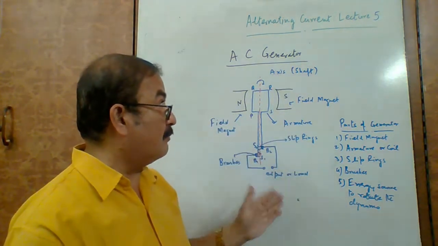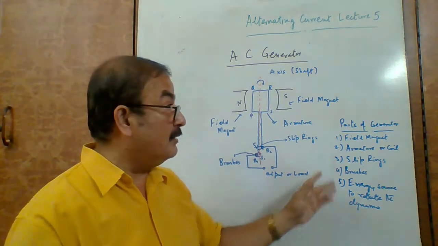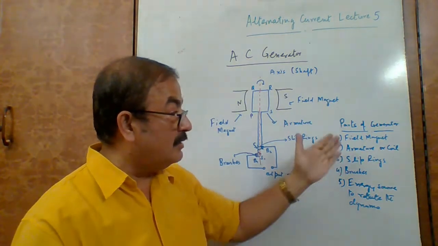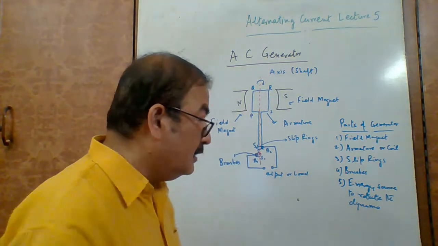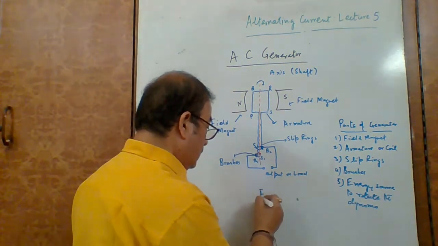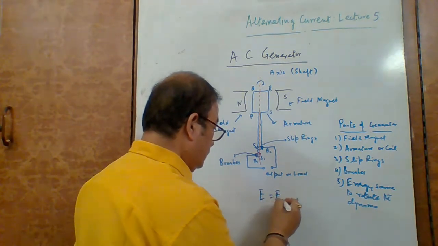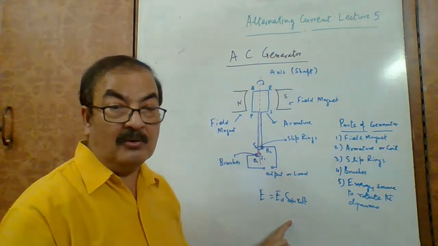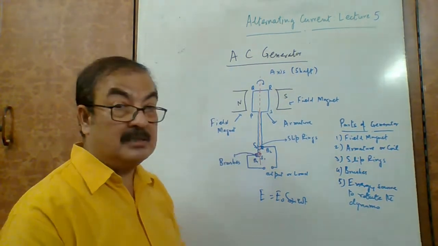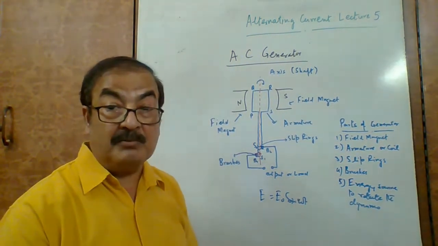You can see all the parts have been labeled, and some parts of the generator you have already written. What we ultimately get is an EMF, E0 sin omega t, where omega is the angular frequency by which the coil is rotated between the field magnet.